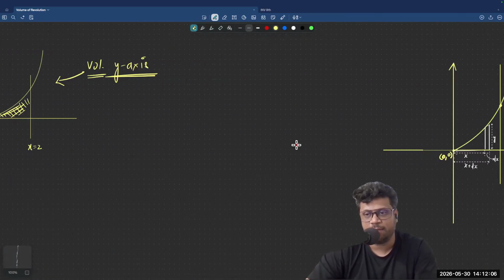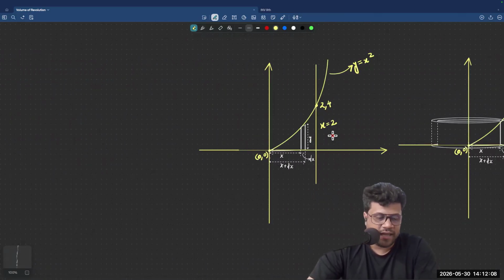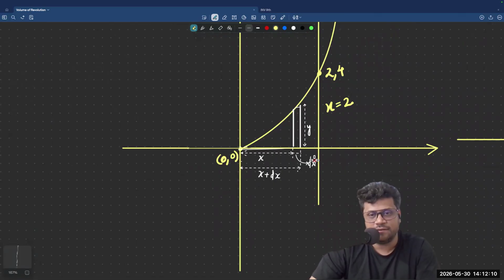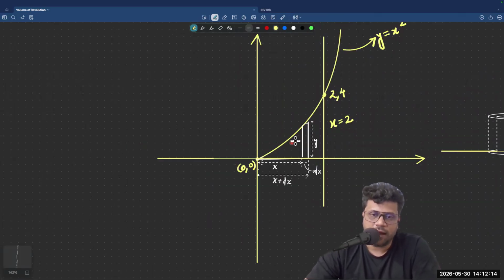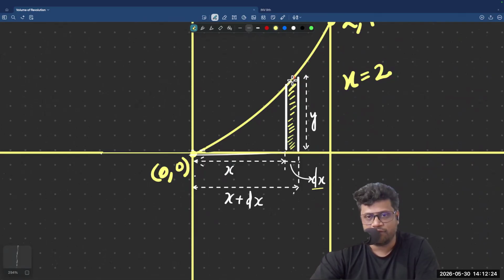So let's take up the example where we have taken the strip as vertical here. I'm going to divide the entire area into little strips like these. The thickness of these strips is dx. And of course, the height is equal to the y coordinate of that point.